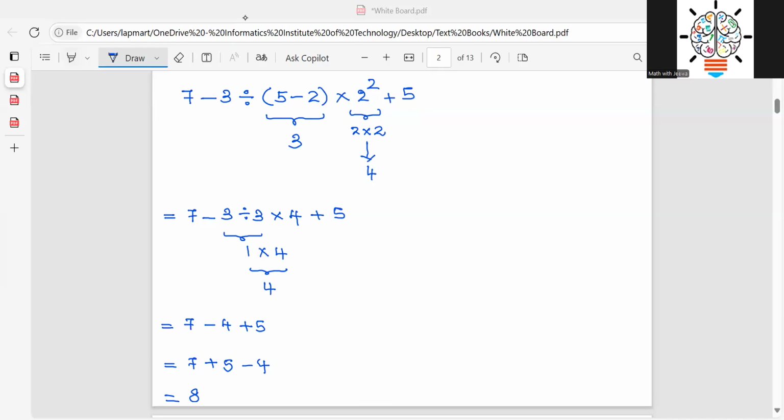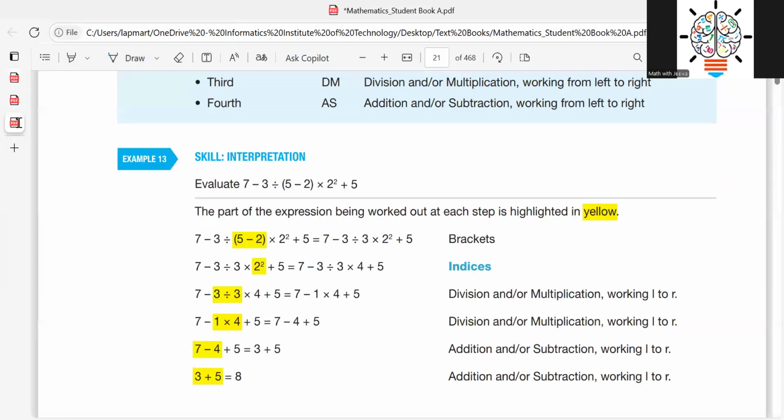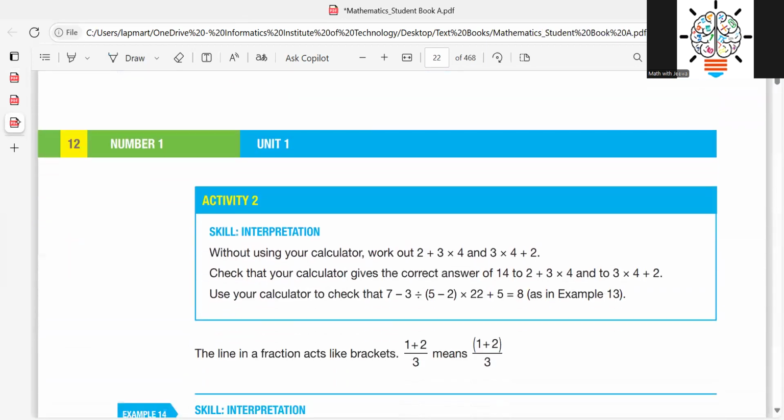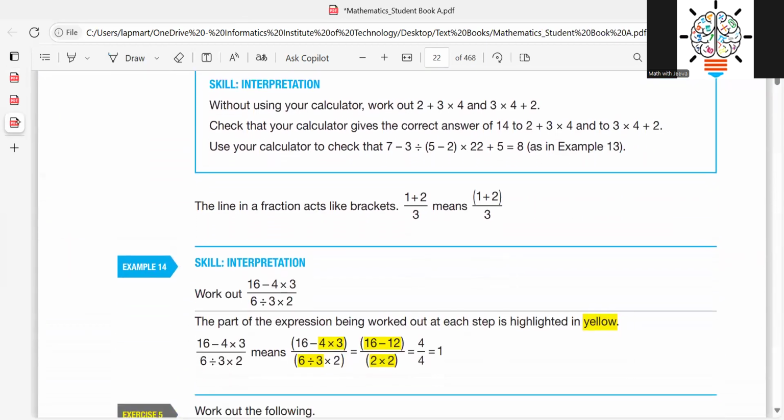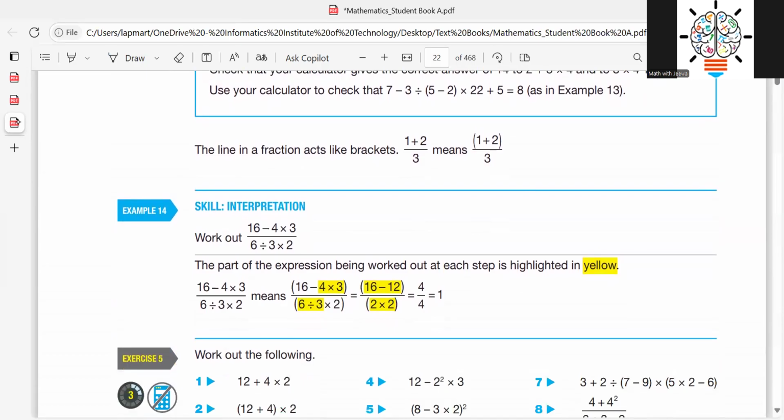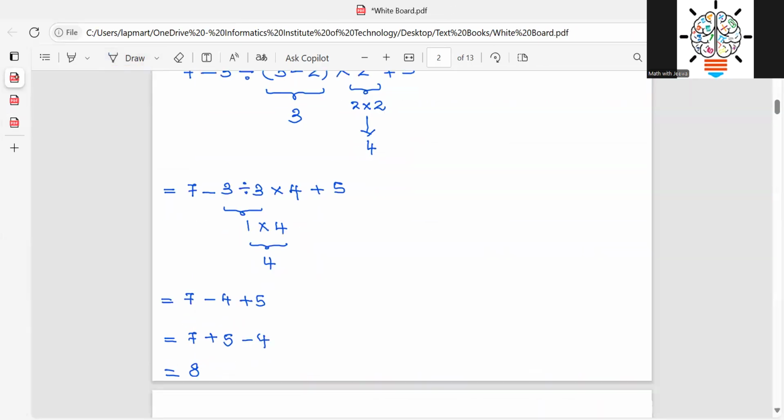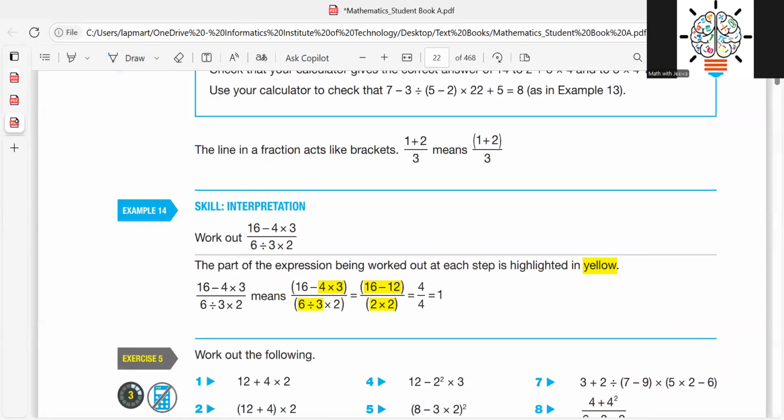Right. So then, hope it is clear. Now we will move to the next example they have given. Right. So then we'll move to the whiteboard and rewrite the question.